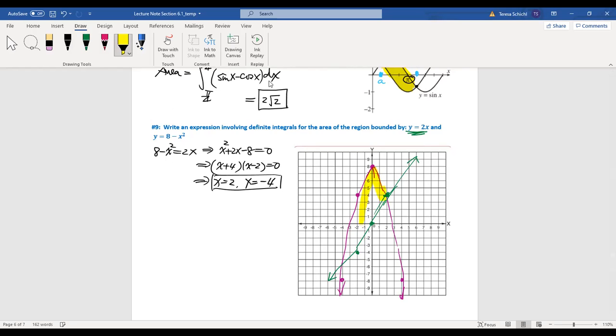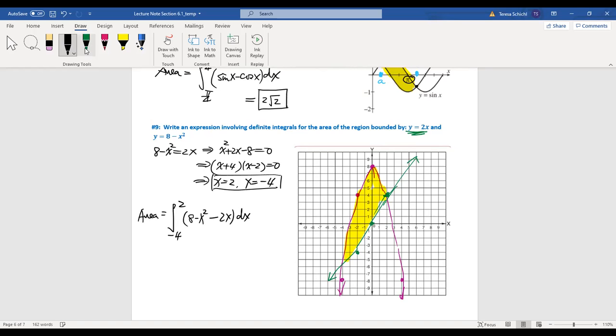And I'm finding the area. So this area is pretty straightforward, and it's just the pink one minus the green one. So the area will be from -4 to 2. The pink one will be 8 minus x squared, then minus the green one, 2x, dx.